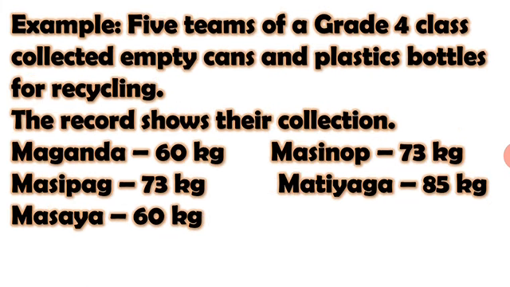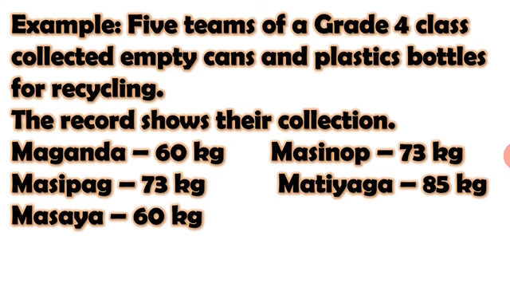So, example: 5 teams of grade 4 class collected empty cans and plastic bottles for recycling. The record shows their collection: Maganda 60 kg, Masipag 70 kg, Masaya 60 kg, Masinop 73 kg, and Matyaga 85 kg.